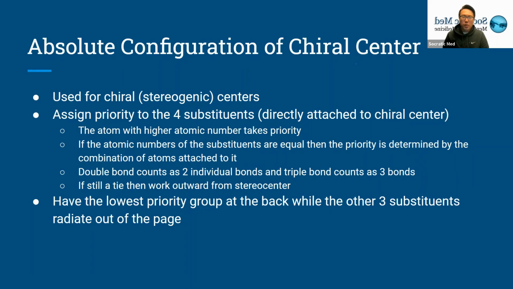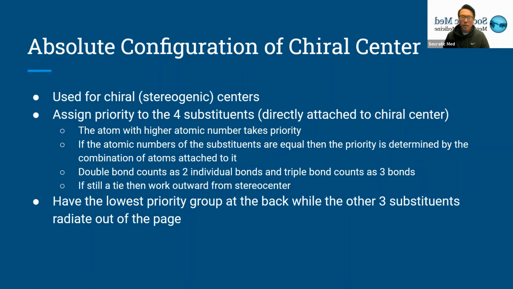So usually what I do is I have the lowest priority group in the back while the other 3 substituents radiate out of the page. So I would give the 3 higher priority substituents either a solid line, or you can use a wedge line to signify that they're not pointing towards the back, pointing either along the page or out of the page.